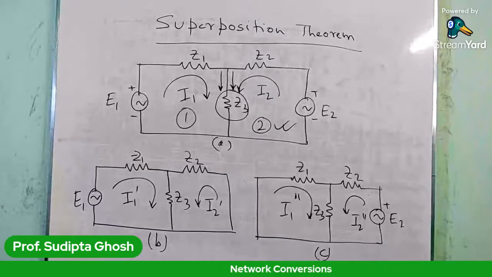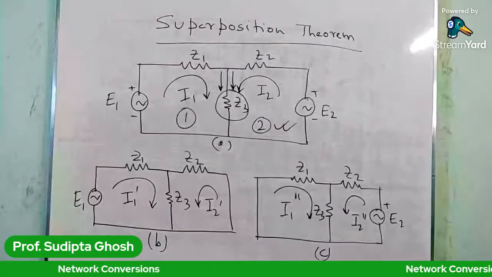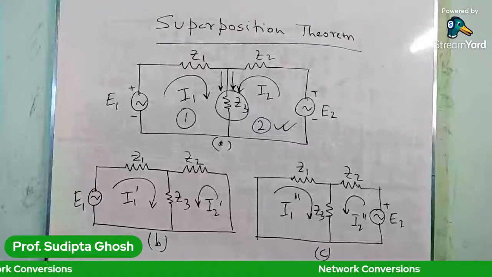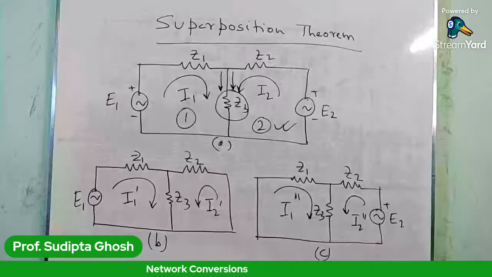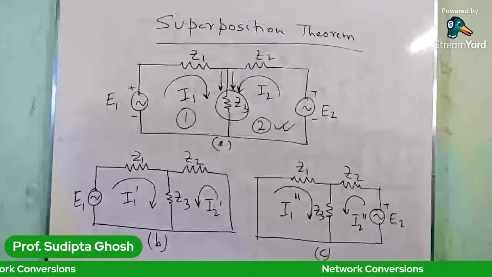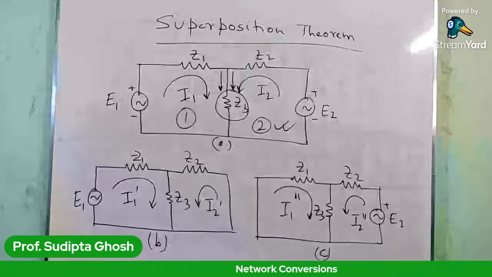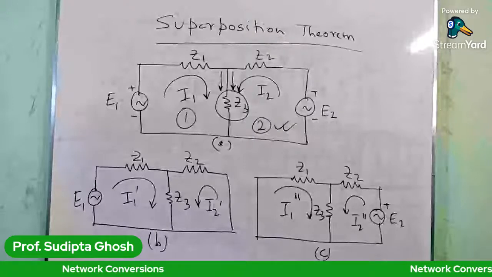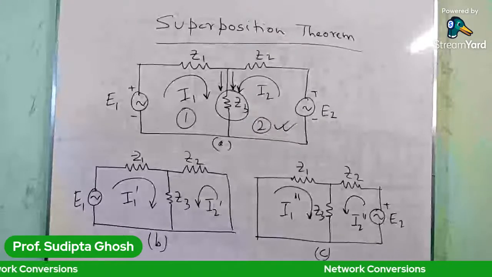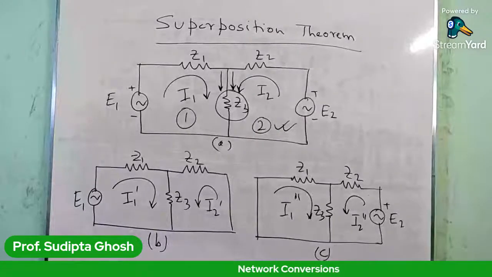From the statement of the superposition theorem, the sum of the currents of figure B and figure C equals the current in figure A. We can write I1 equals I1 prime plus I1 double prime.